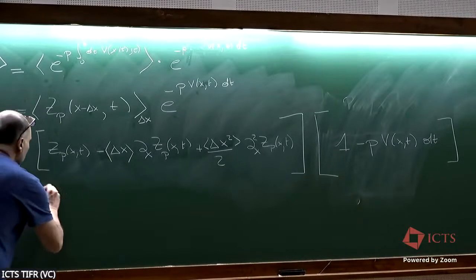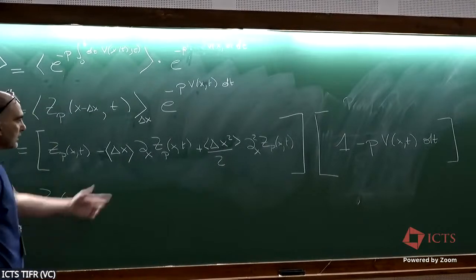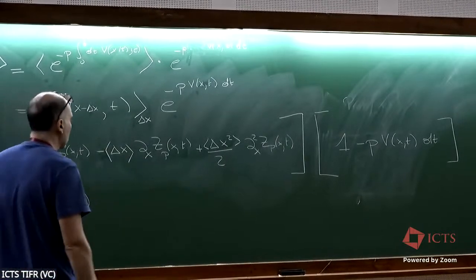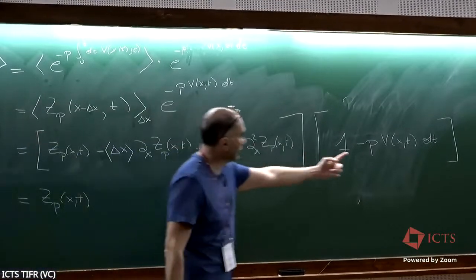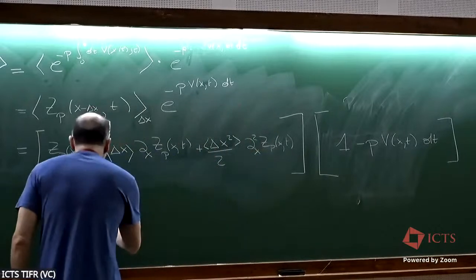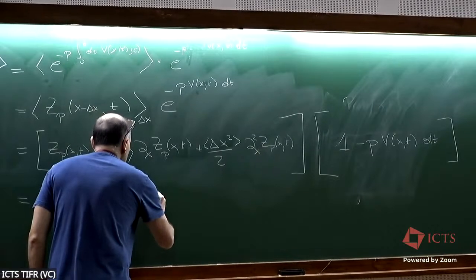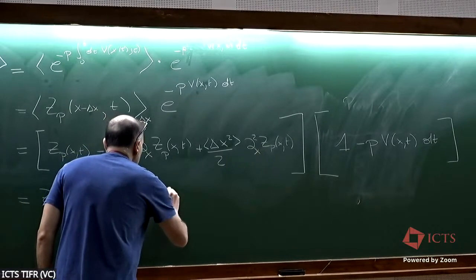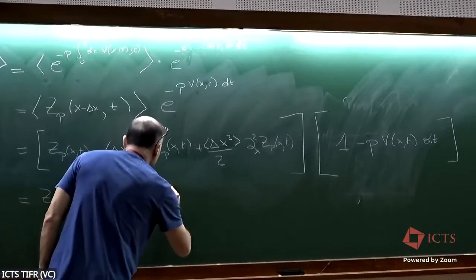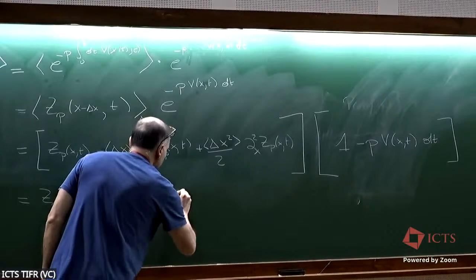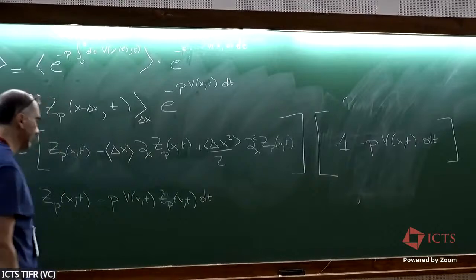We have a first term, which is the dominant one, which is z_p(x,t). Then we have this term, minus p v(x,t) dt times z. Okay.